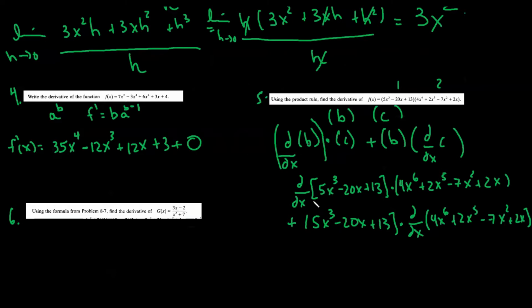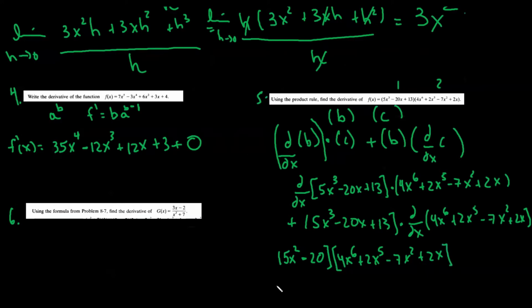So derivative of the first term. So 5x^3, you bring the 3 to the front, and you subtract 1 from the exponent, so you get 15x^2. Derivative of 20x is just 20, and the constant is 0. Then you multiply this by 4x^6 plus 2x^5 minus 7x^2 plus 2x.